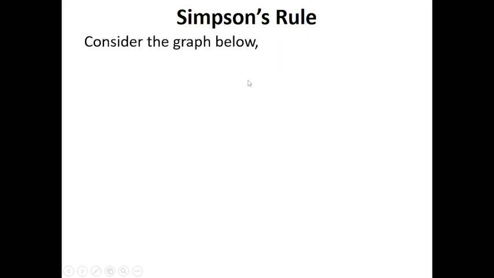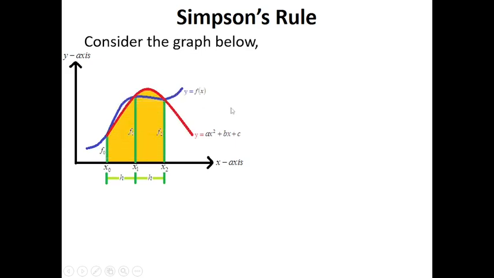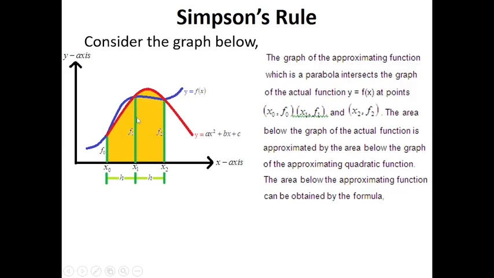So consider the graph below. As you notice, we have this approximating function and the actual function. This is the actual function, and this is the approximating function.